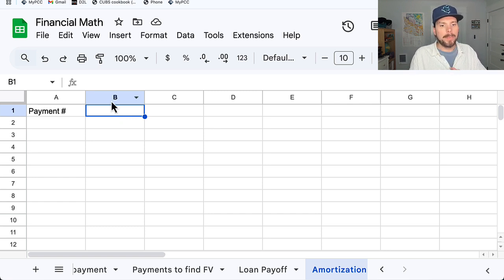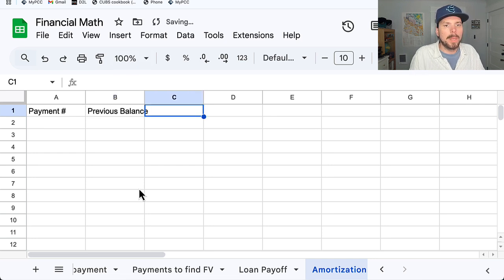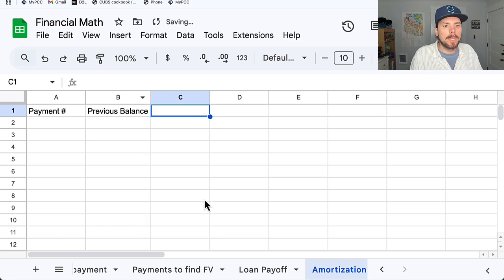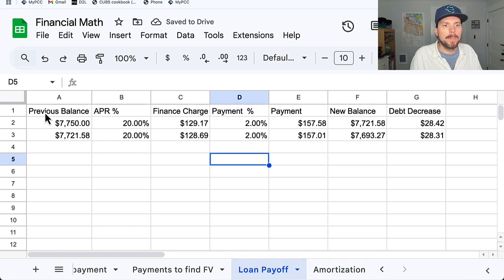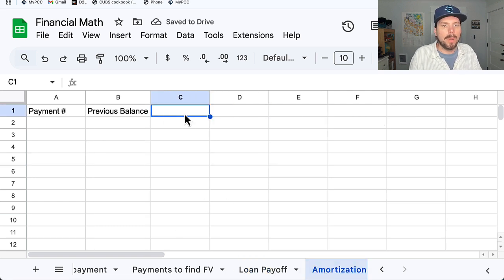Now I'm going to get the part out of the way of just the down payment. Let's just focus on the loan amount specifically. And I'll just call it the previous balance for the first input. And it'll make a little more sense why we're starting with that one. It's kind of similar to this last loan payoff problem.